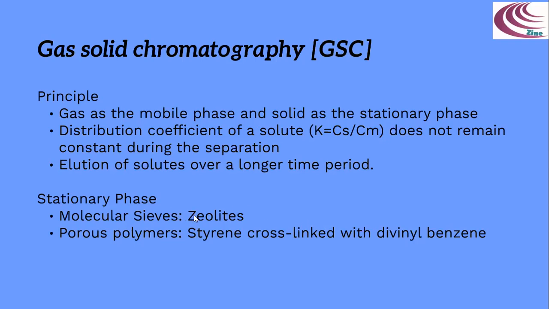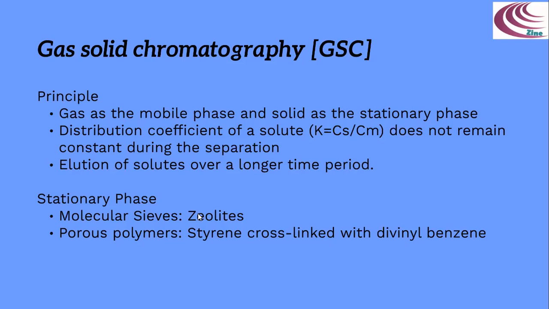In molecular sieves or zeolites, these are the resins which are manufactured carefully so as to control the pore size in them. These pores or holes are of molecular dimensions. The molecules that are smaller than the pores penetrate into the interior of the sieve particle where they can be adsorbed.